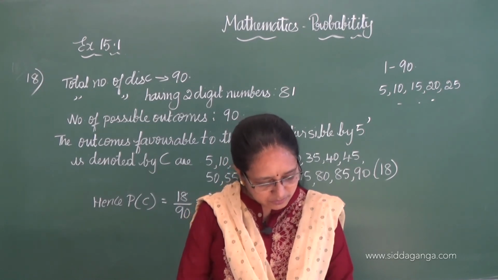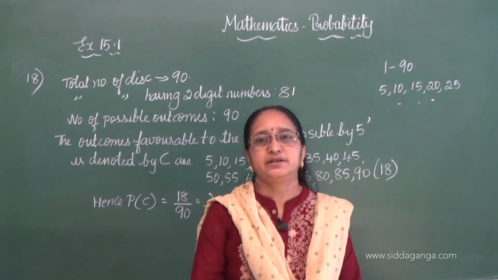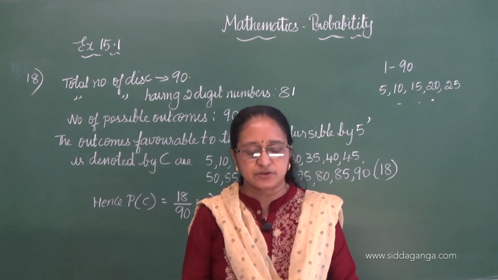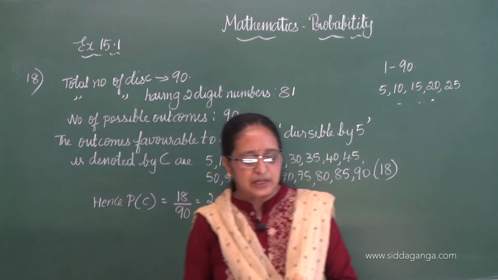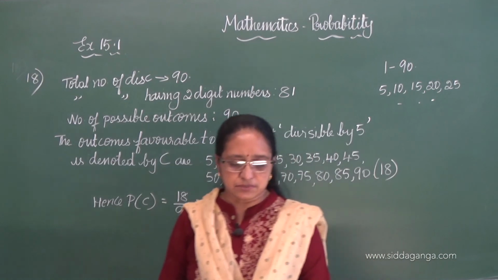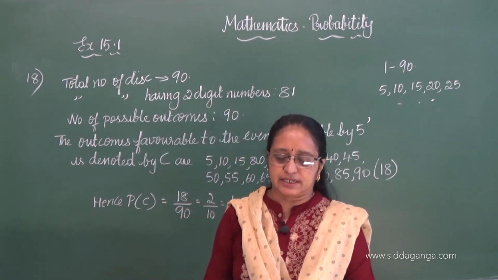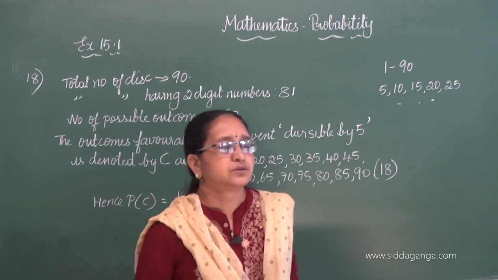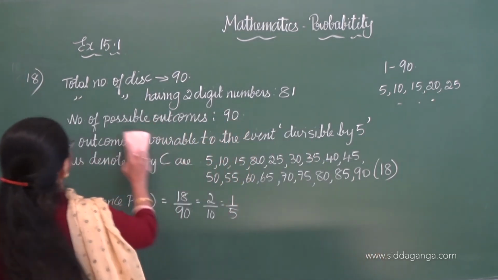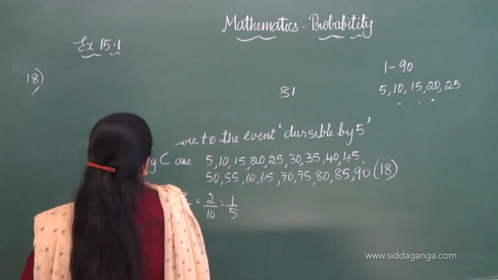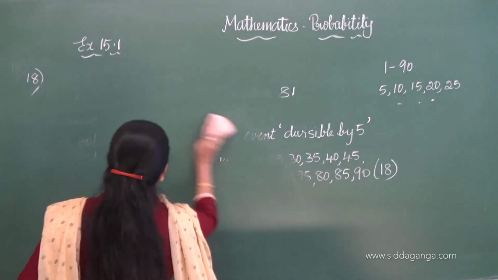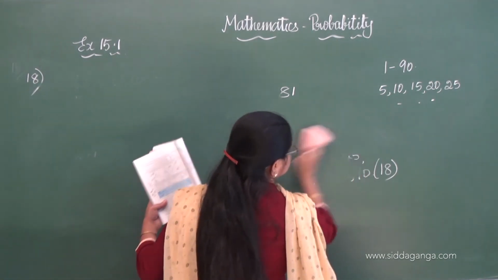So one more sum I will do, the 19th one, then we shall continue in the next class. The 19th one, it is a very easy problem. A child has a die whose 6 faces show the letters as given below. So, a child is having a die.